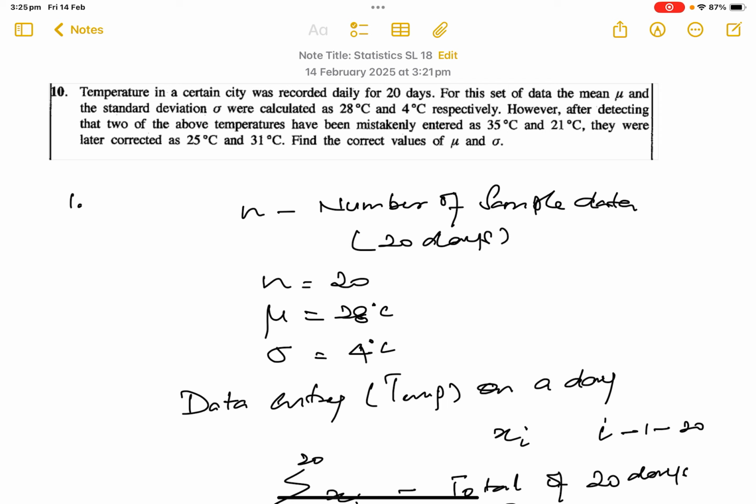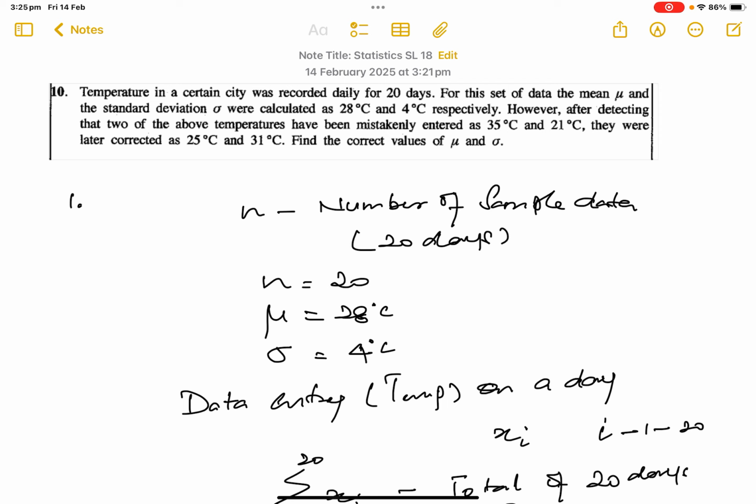However, after detecting that two of the above temperatures have been mistakenly entered as 35 degrees C and 21 degrees C, they were later corrected as 25 degrees C and 31 degrees C. Find the correct values of mu and sigma, or standard deviation.